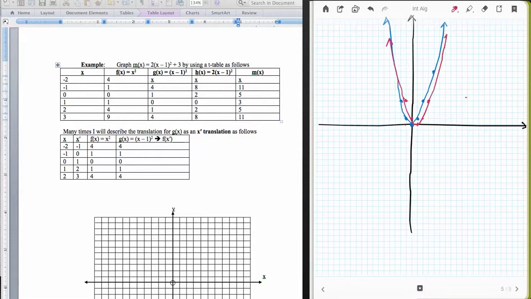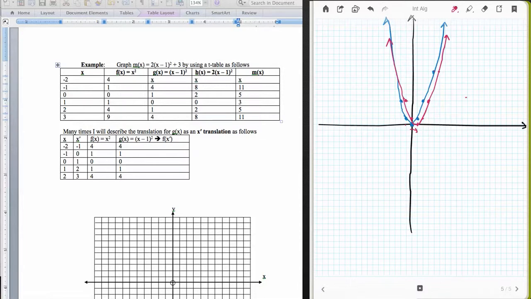And there we go. So there's that same parabola, and you see it's just shifted that way 1 unit. This went 1 unit that way, that one went 1 unit that way, and so on. So all of the points got shifted one place to the right, but just the x portion of them, the y's stayed exactly the same.